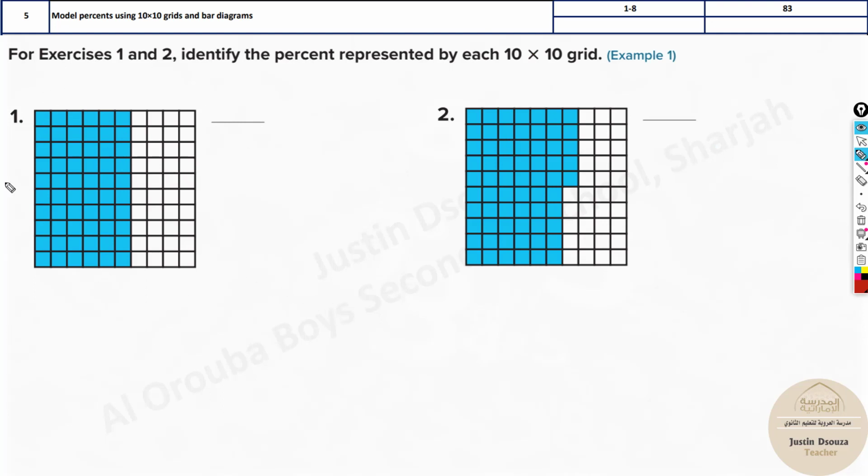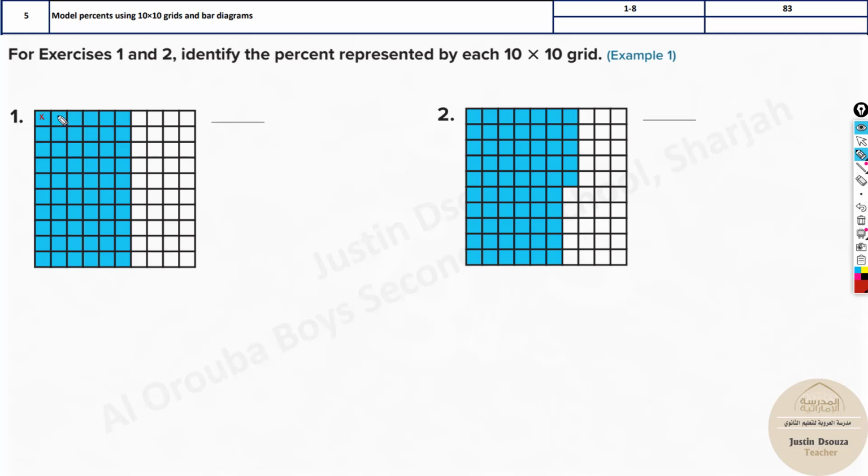Now, if you divide this whole block by 100, you can see there are 100. 1, 2, 3, 4, 5, 6, 7, 8, 9, 10. And even over here, 1, 2, 3, 4, 5, 6, 7, 8, 9, 10. So it is 10 by 10. That's 100 grids. Totally 100 are there. So count how many are colored, and that's the answer. You don't need to count everything individually.